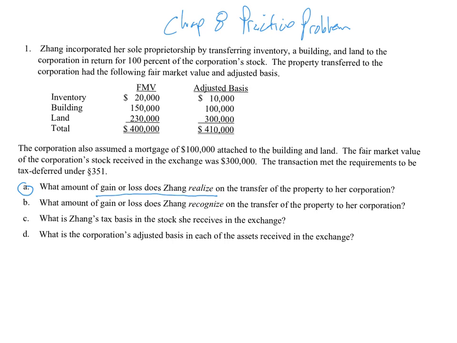And then we've got some additional information. The corporation has also assumed a mortgage attached to the land and building. We've got the fair market value of the corporation's stock received in exchange, right? And it says the transaction met the requirements to be tax deferred under Section 351, okay?